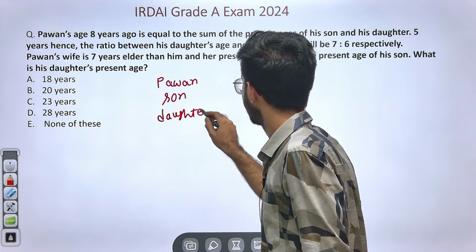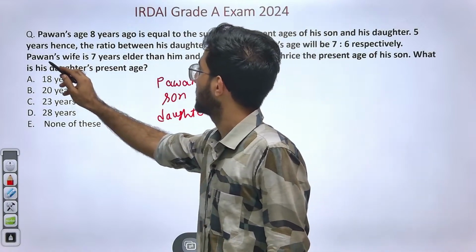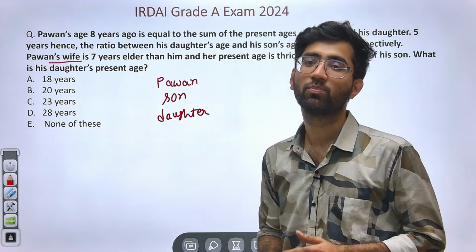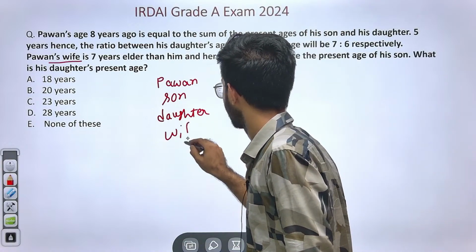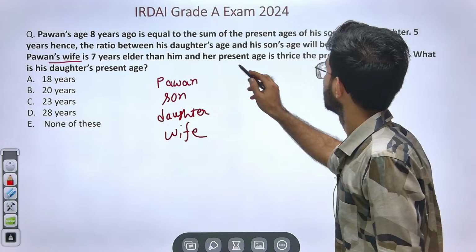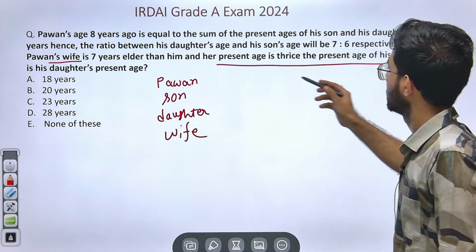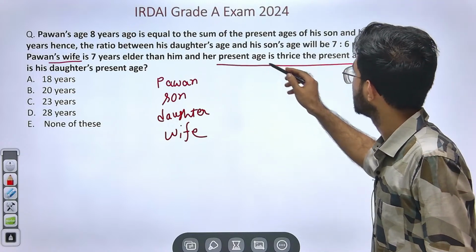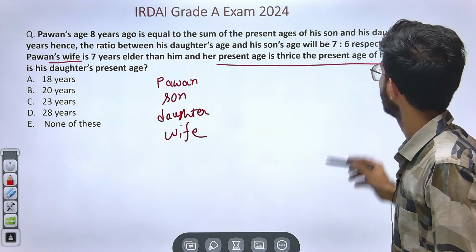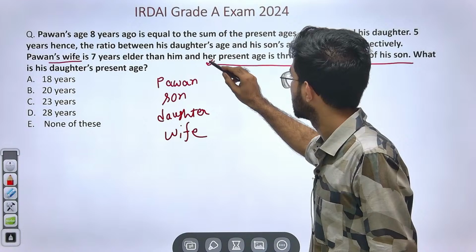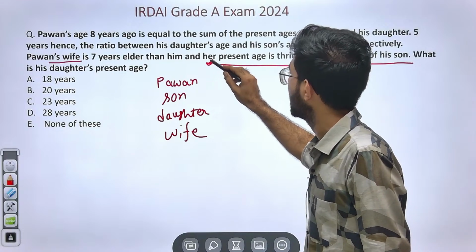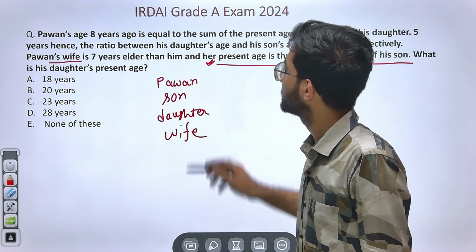And if you read further, you find that we also have to deal with the age of Pawan's wife. So Pawan's wife. If you read the last line of the question, it says that her present age is thrice the present age of his son. Basically, for whom has "her" been used here? This is for Pawan's wife.